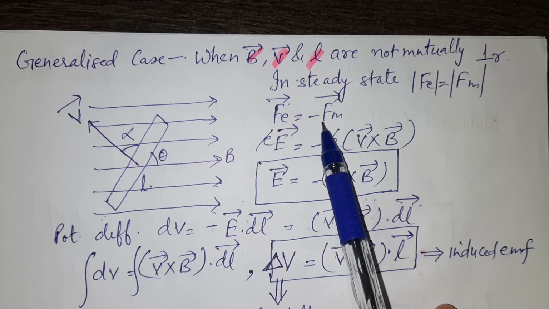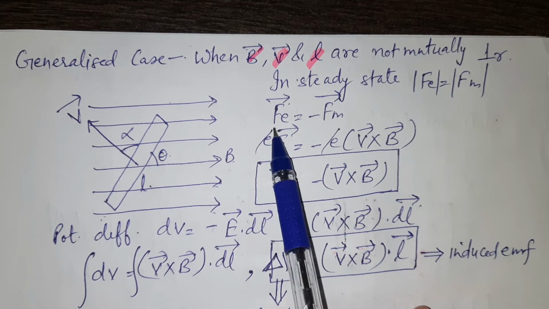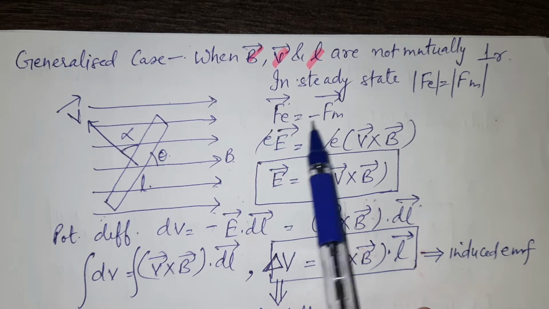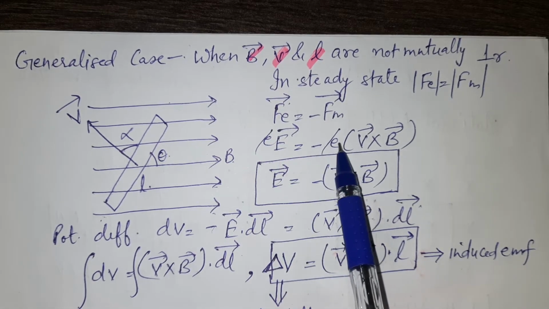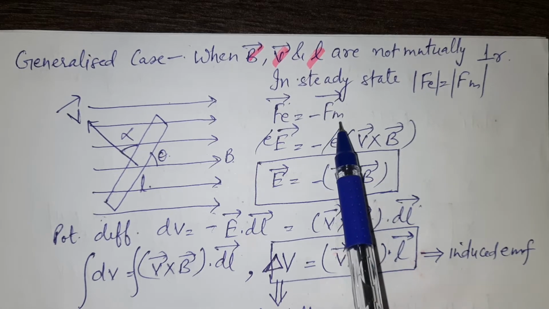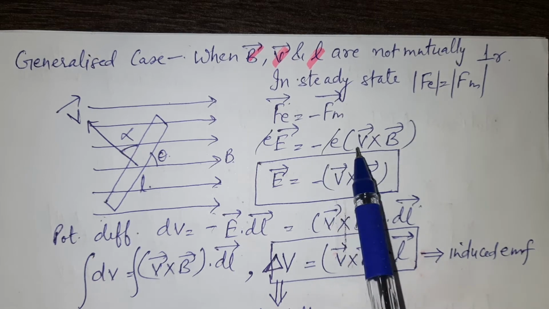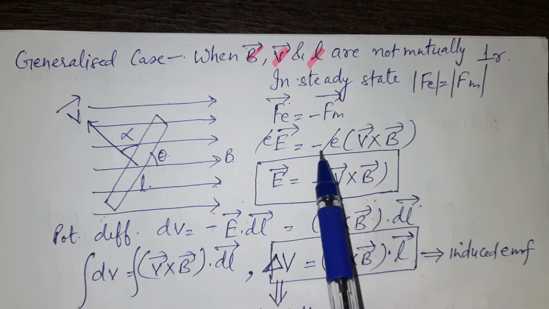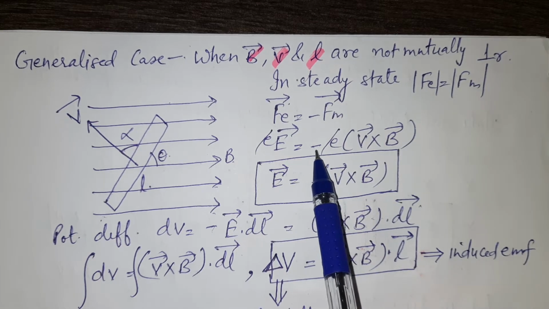This magnetic force Fm and Fe, as we discussed earlier in the same case: Fe is equal to eE, but Fm will be e V cross B. Force due to magnetism is e V cross B. Here e is the electron charge, that is why we have taken a minus sign.